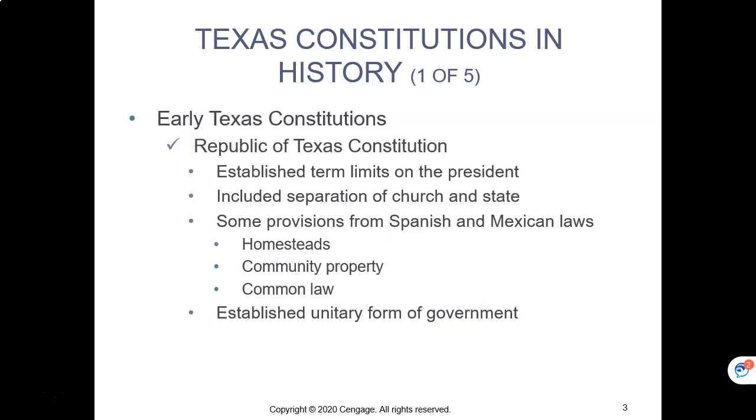Have you ever heard the term common law marriage? What that means is that you didn't have a formal ceremony. You didn't go and get a marriage license, but if you live together and hold yourself out to the public as man and wife, then we are going to treat that union as if it was performed with a license.